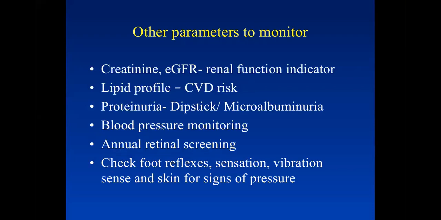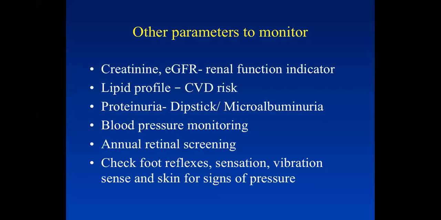Now, if the patient has diabetes, there are other parameters that should be monitored regularly, because they are at risk of developing many complications. They are at risk of developing renal failure and kidney disease, so we need to monitor their renal function regularly by doing creatinine and eGFR. They are also at higher risk of developing cardiovascular disease, so we should be doing regular lipid profiles.